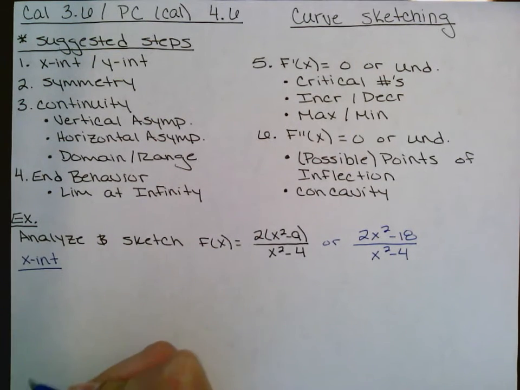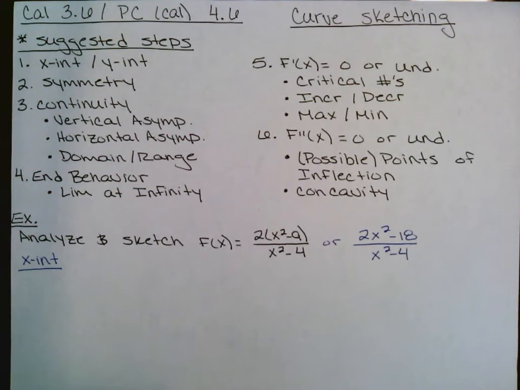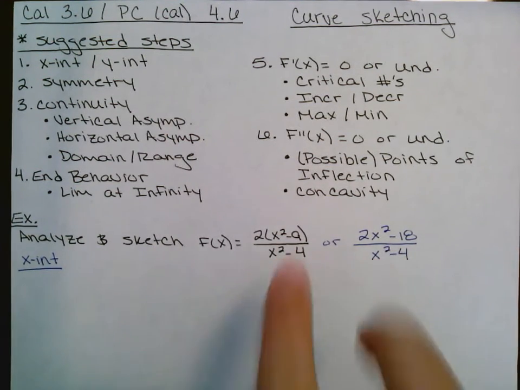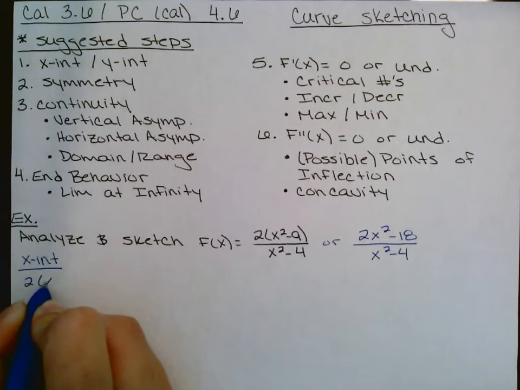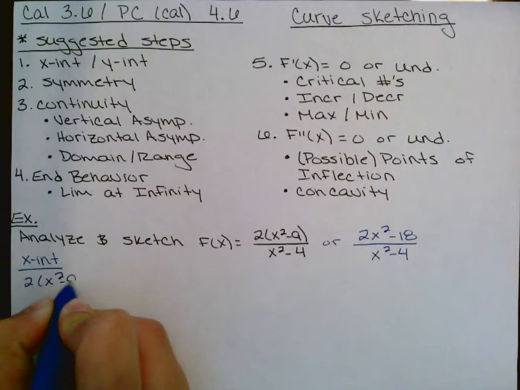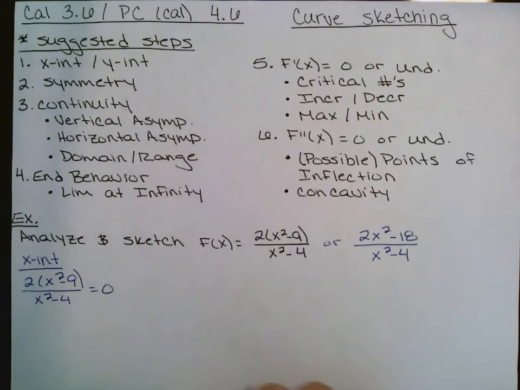The way we solve for x-intercepts is by setting the y equal to 0. Okay? So the y is the f of x. It's setting the entire function equal to 0. And again, you can use either one of these two. I'll go ahead and use the first one. If I want 2 times x squared minus 9 over x squared minus 4 to equal 0, remember, in order for a fraction to equal 0, only the numerator has to equal 0.